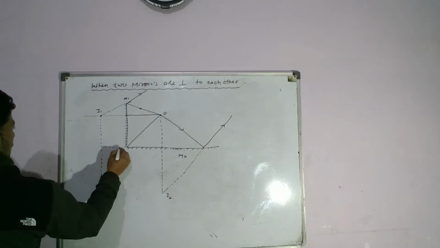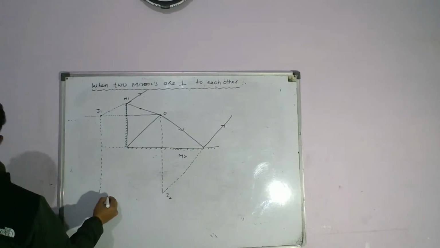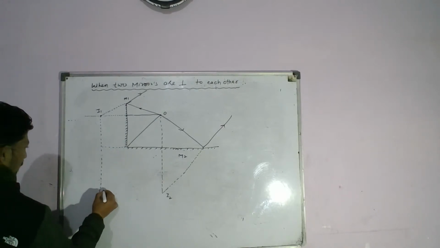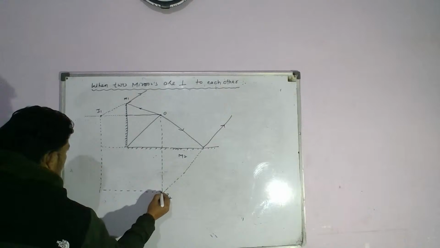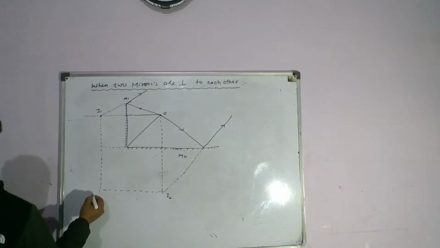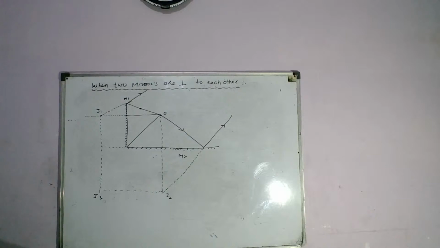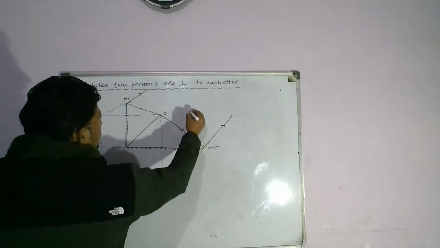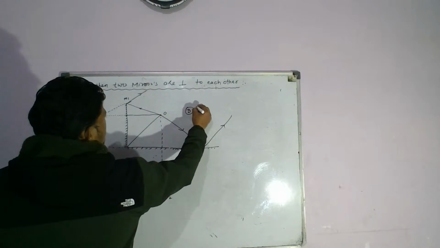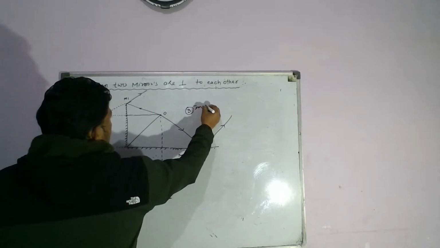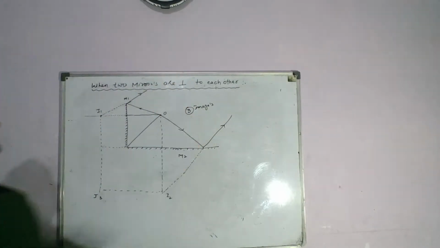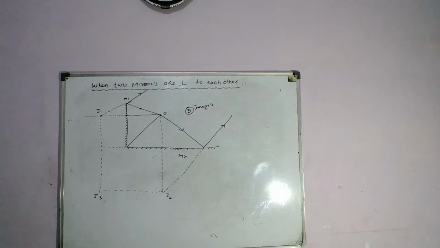This distance is equal. So here the third image is formed, I3. It means it will form three images. Three images. So after that, come to your point.